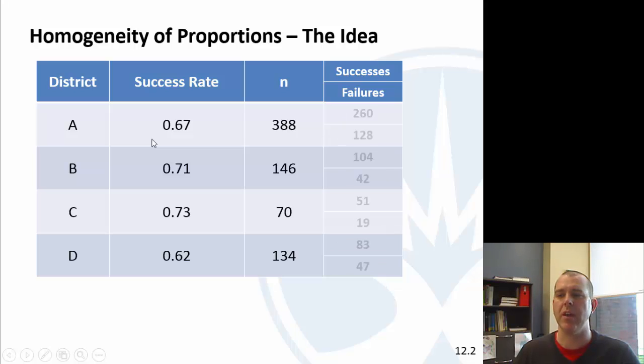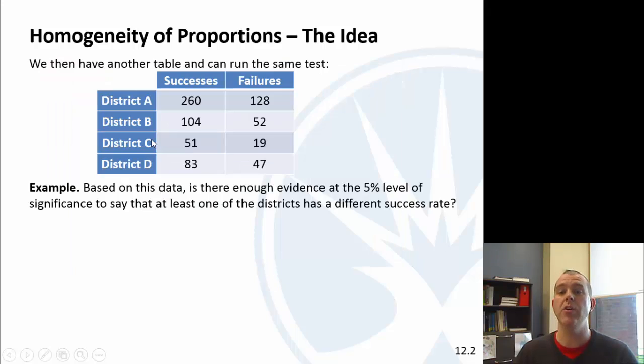Same thing for all of these. So then we have a number of successes and failures for each district. Then we'll make a new table that has successes and failures for each district, and now we're basically going to do a test for independence and see if success is independent of the district.